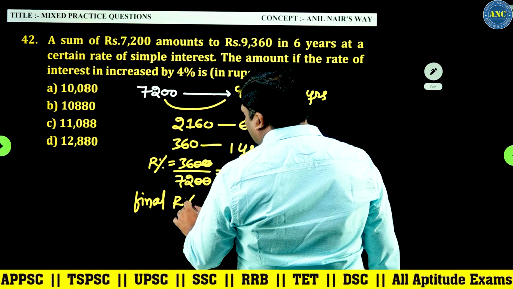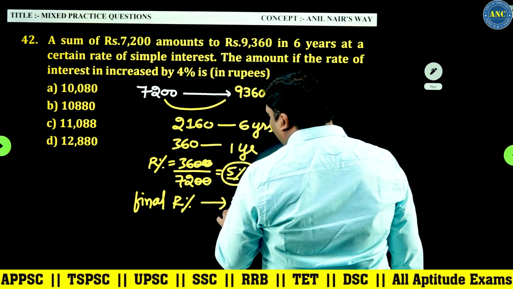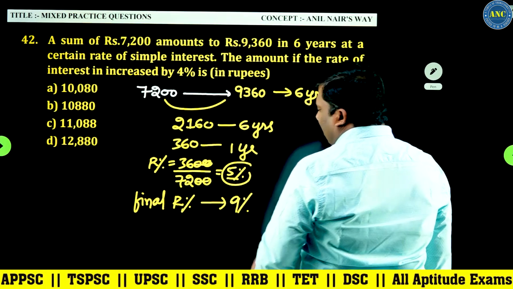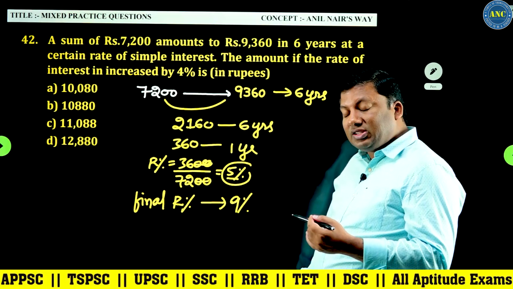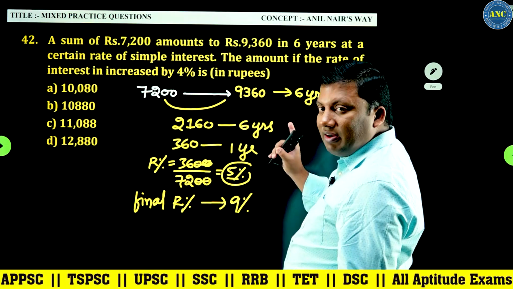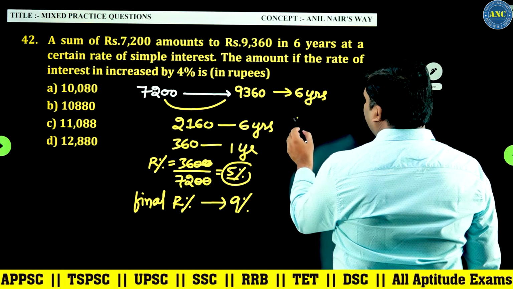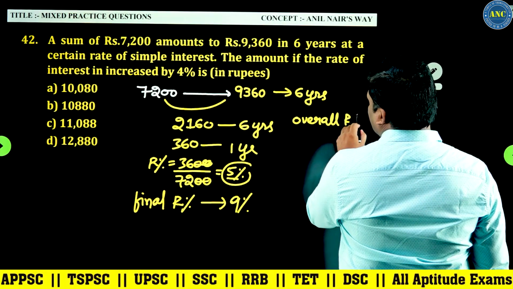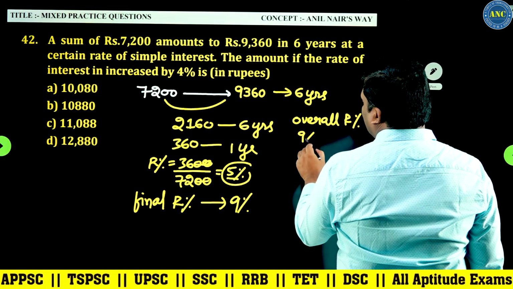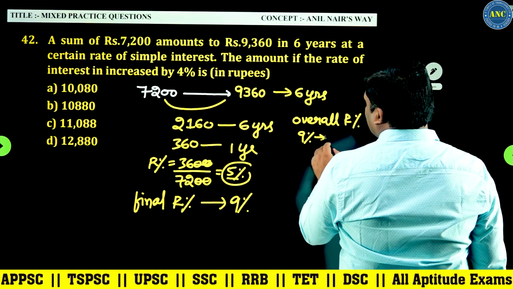Final rate is 5% plus 4% increase, 9%. Every year 5% is becoming 9% for 6 years. Overall rate is 9% for 6 years.